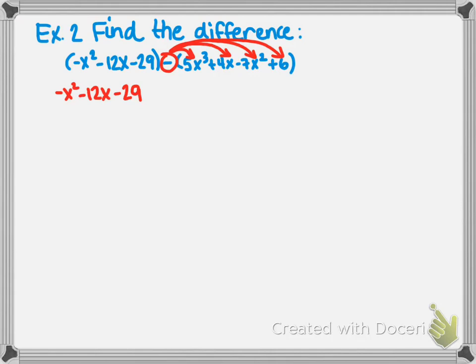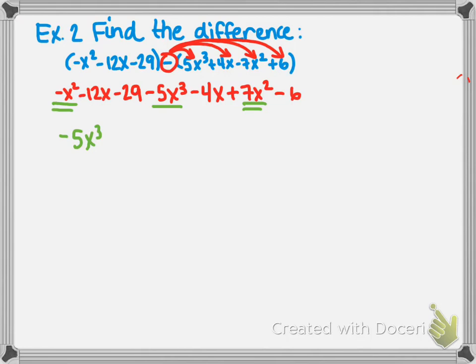And now remember that negative is going to change the sign of all the terms of the second polynomial. So minus 5x cubed minus 4x plus 7x squared minus 6. Now let's combine like terms. So I'm going to start with my highest degree term, which is my cubic term. So I've got negative 5x cubed. Let's look for the next highest degree, my quadratic terms.